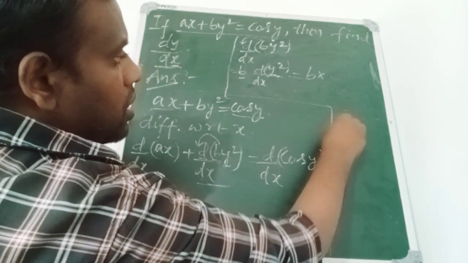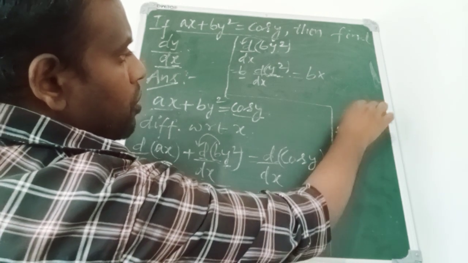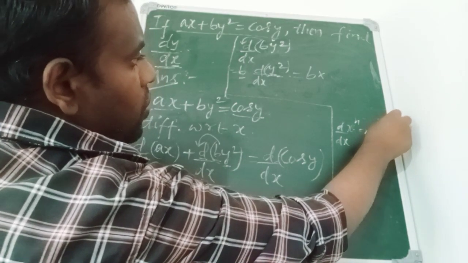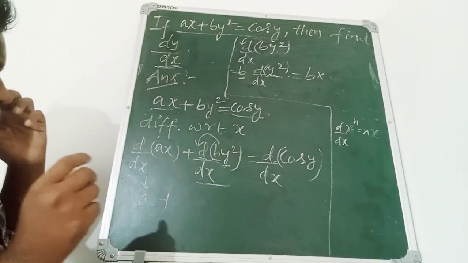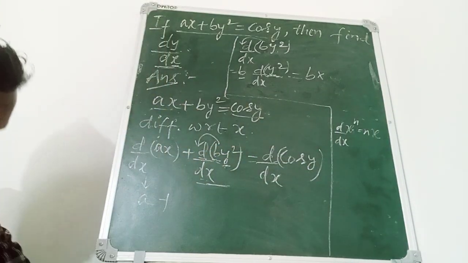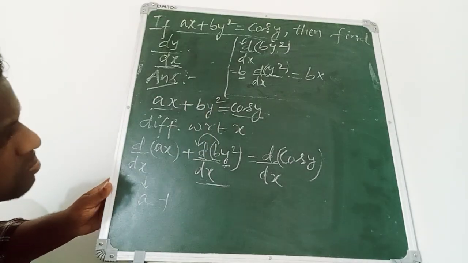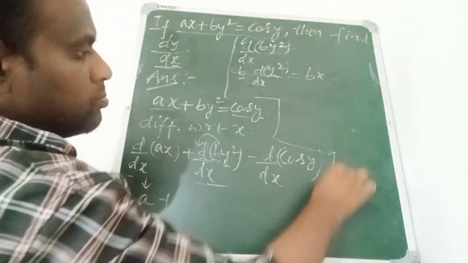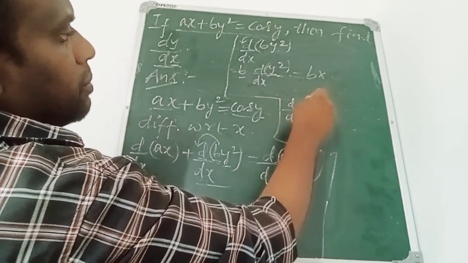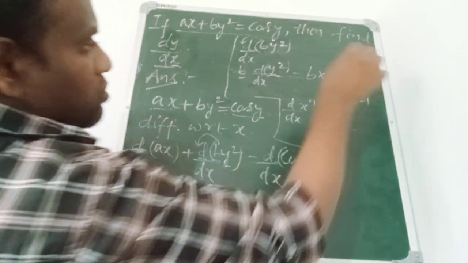So we have the general formula d by dx of x to the power of n is equal to n into x to the power of n minus 1.